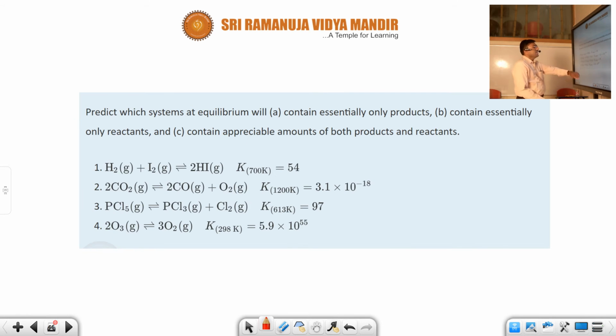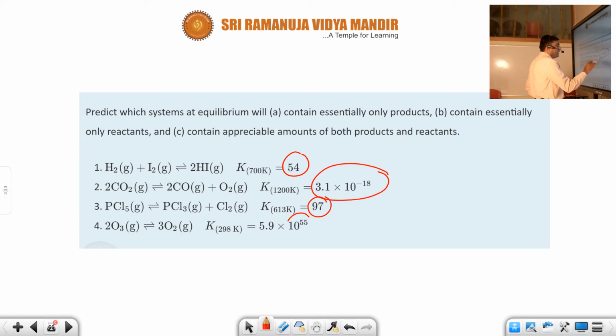So let us see the next question. Predict which system at equilibrium will contain essentially only the products. Try to understand, students: what is the value of K here at 1200 Kelvin?